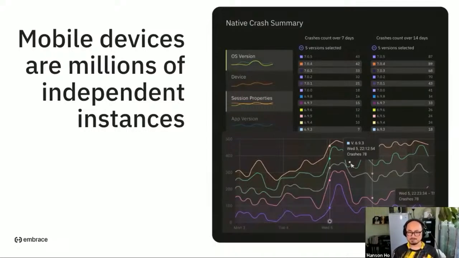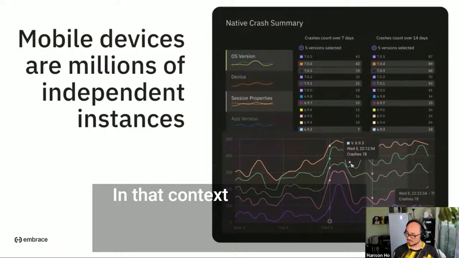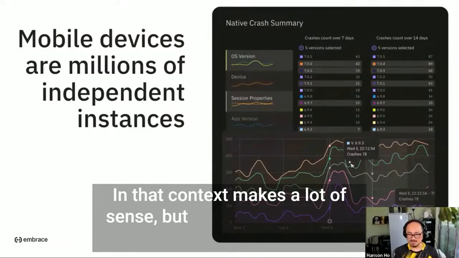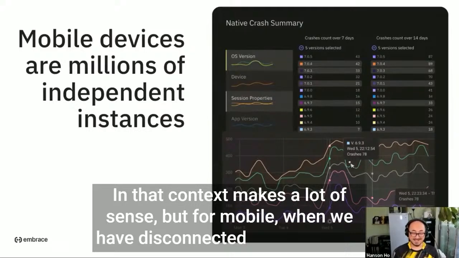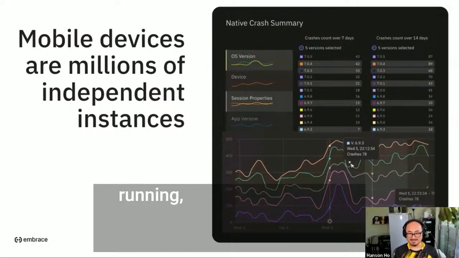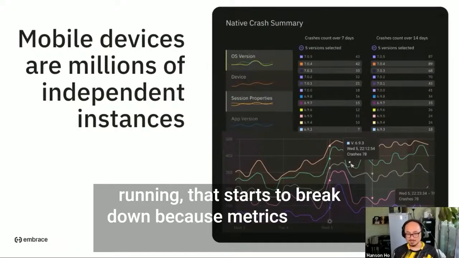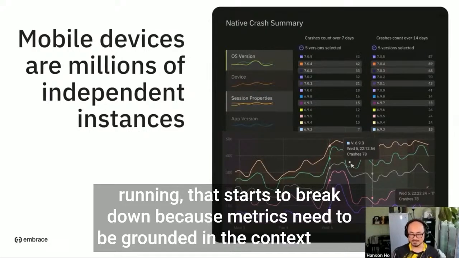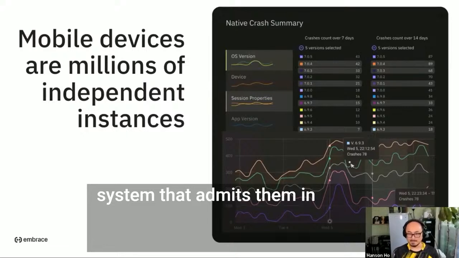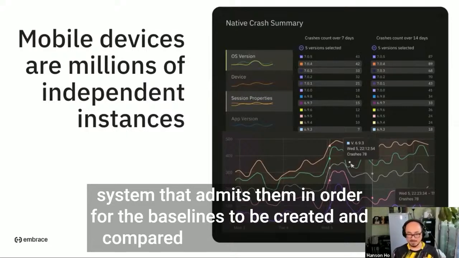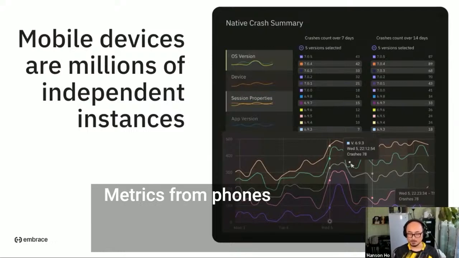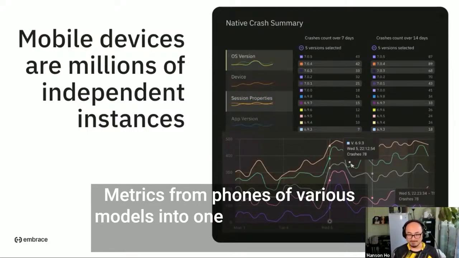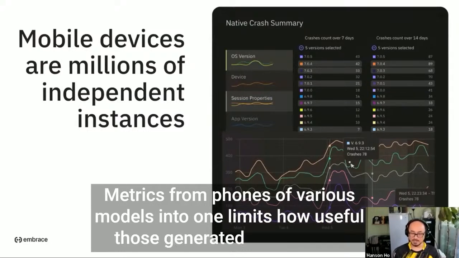And metrics in that context make a lot of sense, OTel metrics. But for mobile, when we have disconnected app instances running, that starts to break down because metrics need to be grounded in the context of the system that emits them in order for the baselines to be created and compared. And munging together metrics from phones of various models into one limits how useful those generated metrics are.